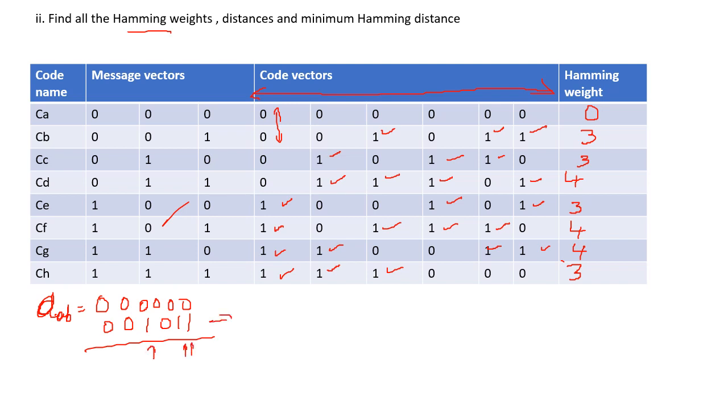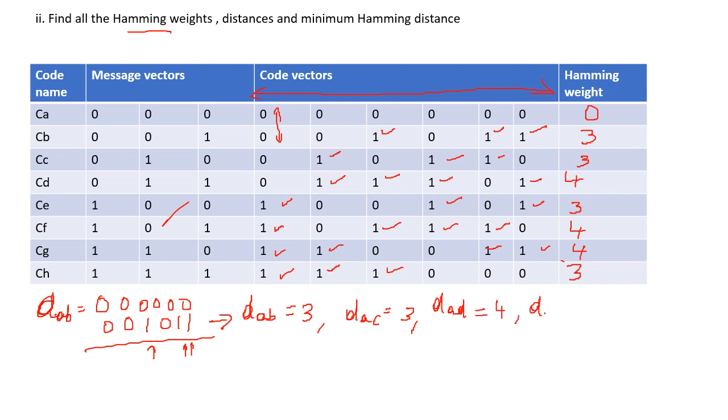So the Hamming distance DAB, that is the distance between A and B, will be equal to 3. Similarly, DAC, from A and C, is again 3. Similarly, DAD, the Hamming distance between CA and CD, is 4.